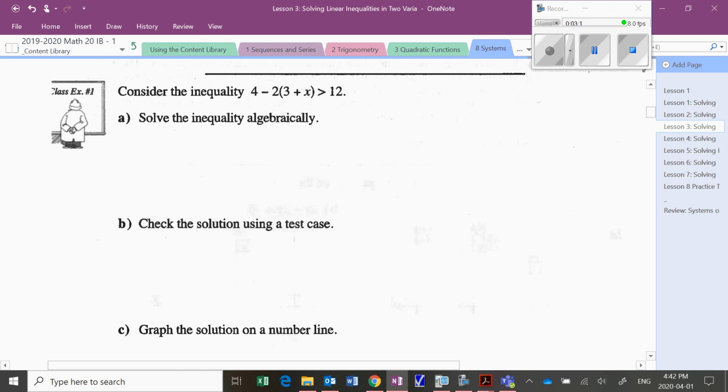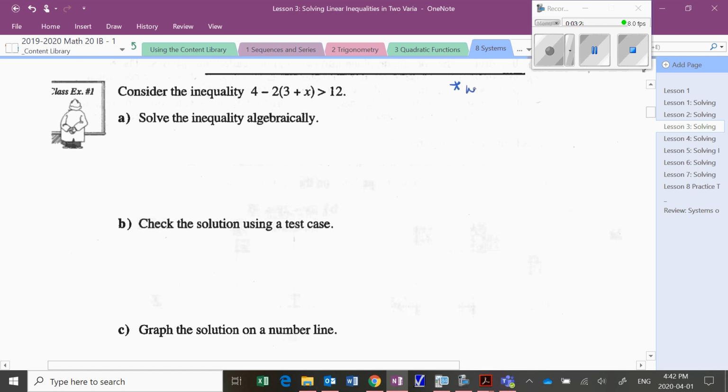And the biggest piece that we have to remember is that when you multiply or divide by a negative, you must flip the inequality symbol. Okay, so I'll just write that out again because it is such an important piece.